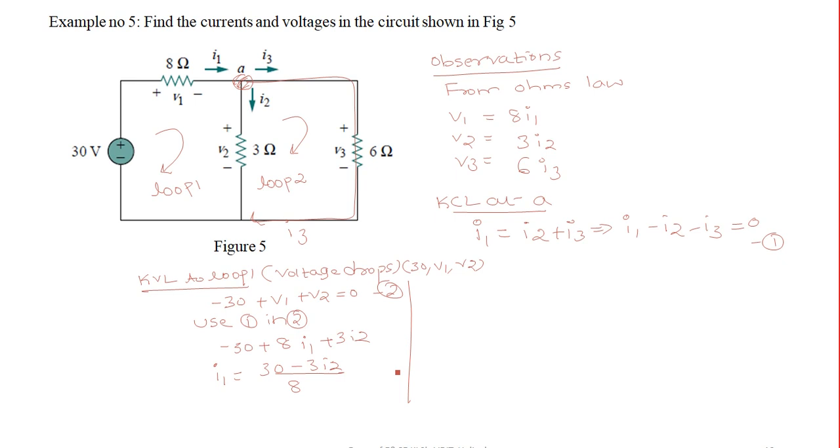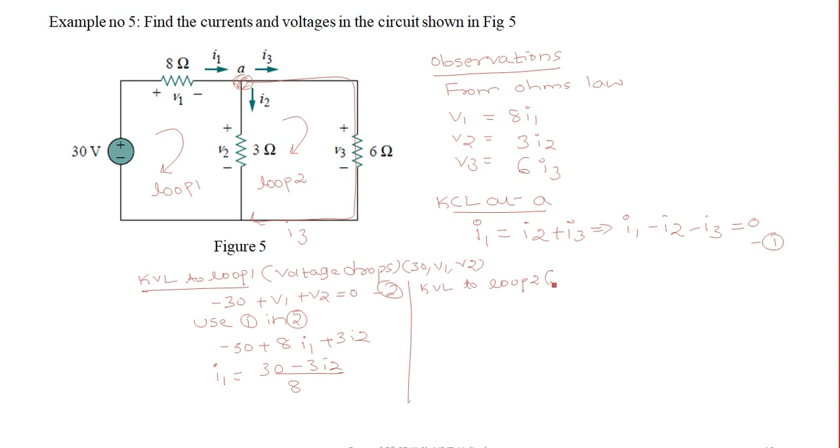Similarly, if you apply KVL to the second loop, what do we get now? Which voltage drops do we have?